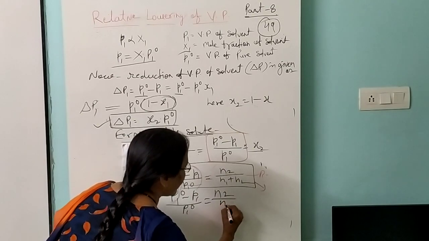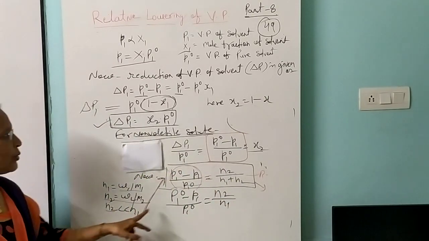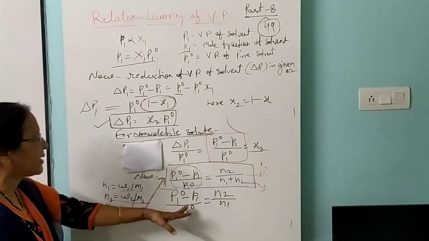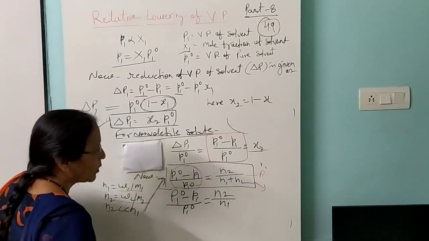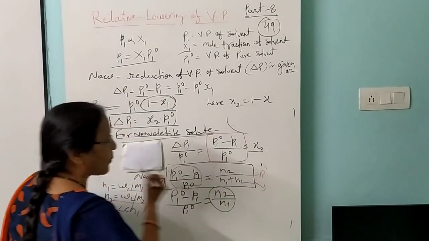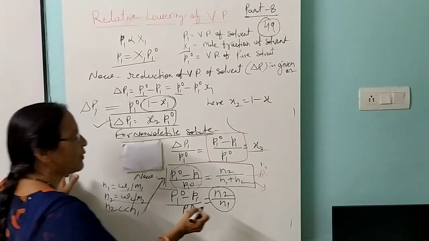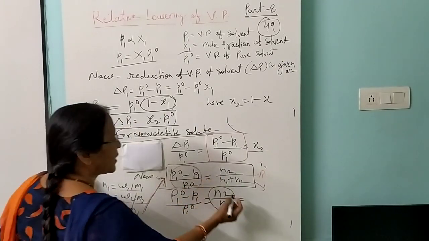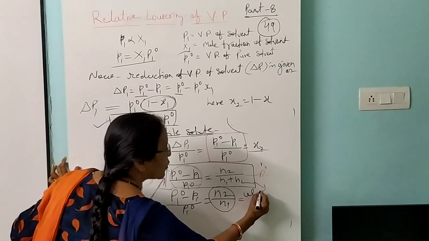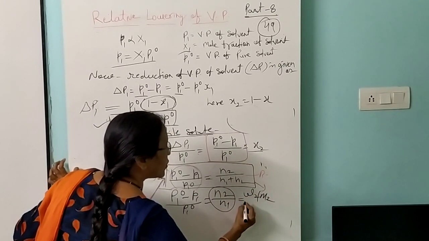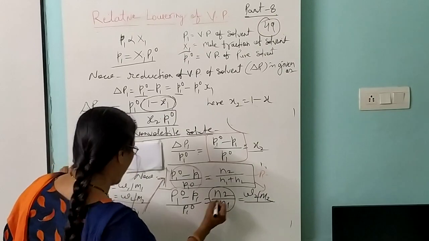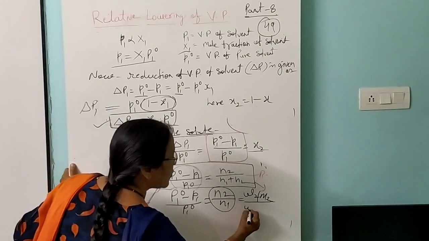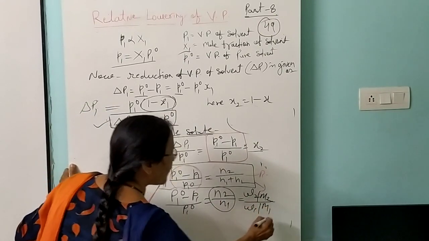In the next step we have to put the value of this n2 upon n1. Here I am taking n2 as W2 upon M2, and n1 as W1 upon M1.